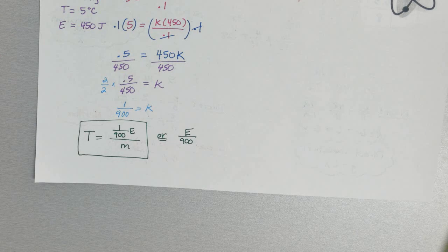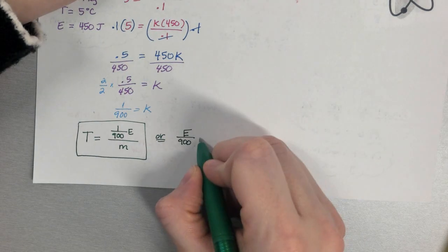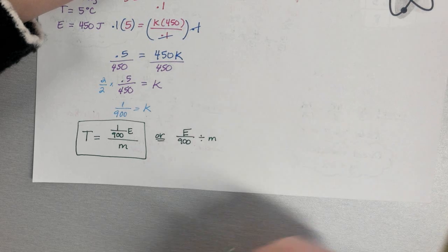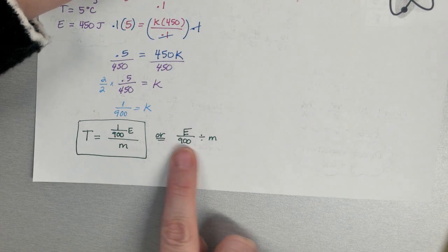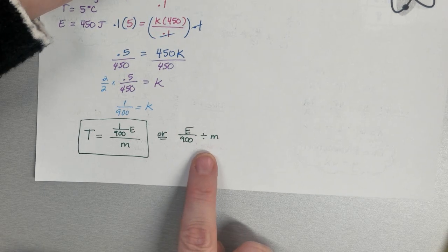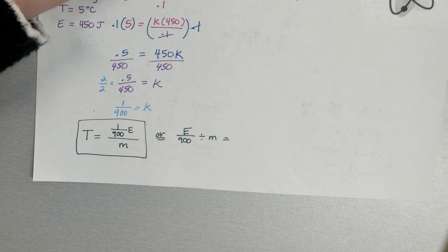So 1 over 900e is the same thing as e over 900, because you multiply the whole number by the top. Okay? Now, this is division. So this is e over 900 divided by m. Now you can use your division rules for fractions, which is, what do you guys say? Keep change flip, multiply by the reciprocal.